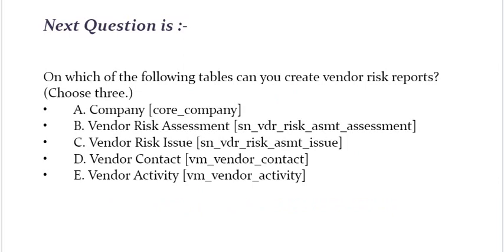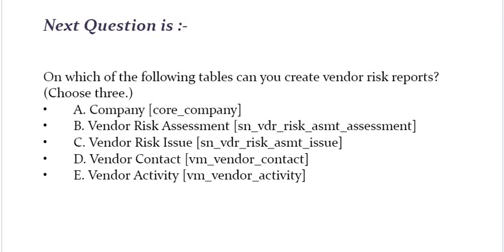Question is, on which of the following tables can you create vendor risk reports? Choose three options. Option A, company core underscore company. Option B, vendor risk assessment SN underscore VDR underscore risk underscore ASMT underscore assessment.